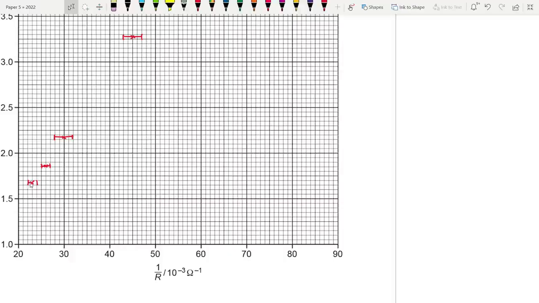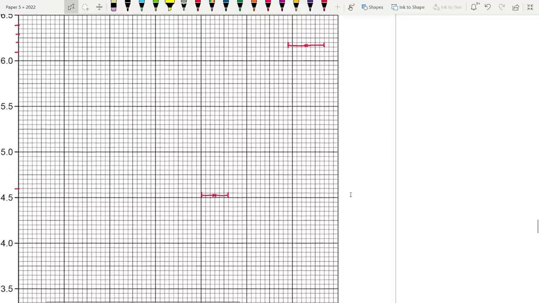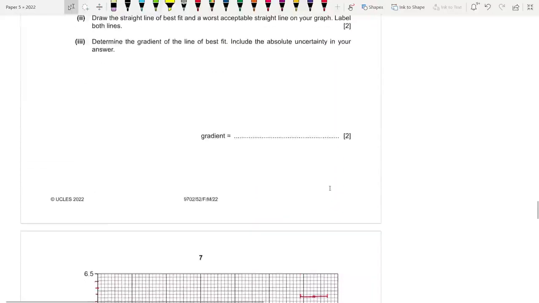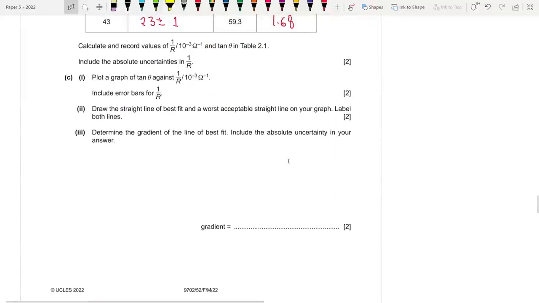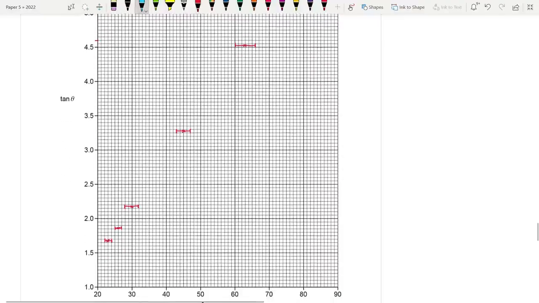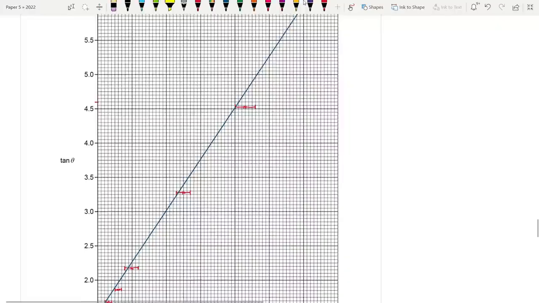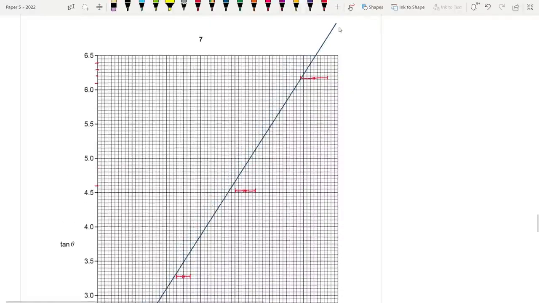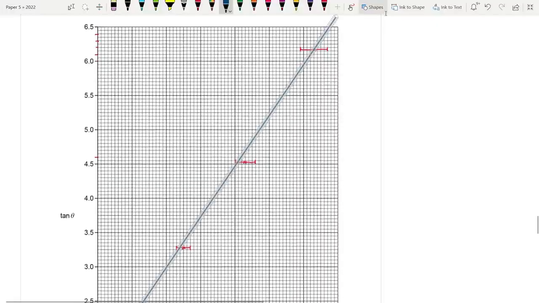Here we go. Ready? These are our error bars. I'm going to tell you the purpose of them soon. Now we are tasked to draw the line of best fit and a worst acceptable line on the graph, and we are supposed to label them. So let's go for it. It's a bit tough for me to draw. I'm going to manage.